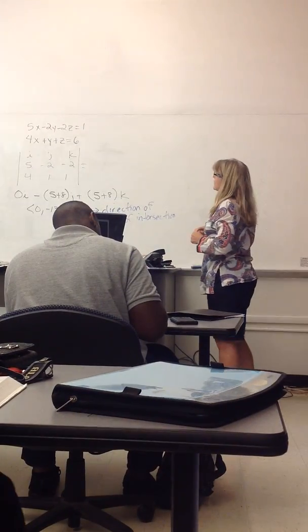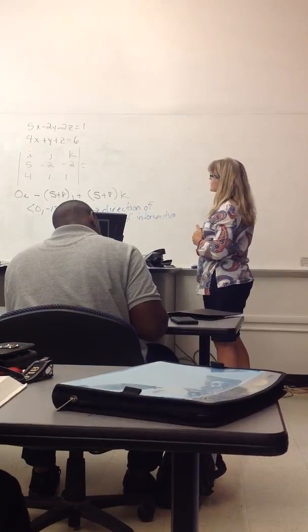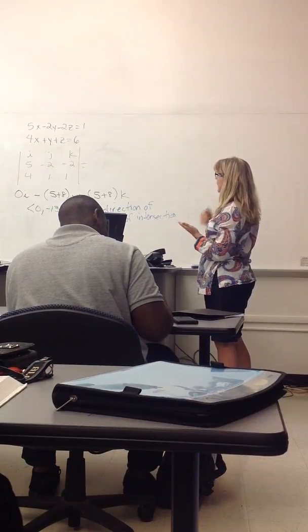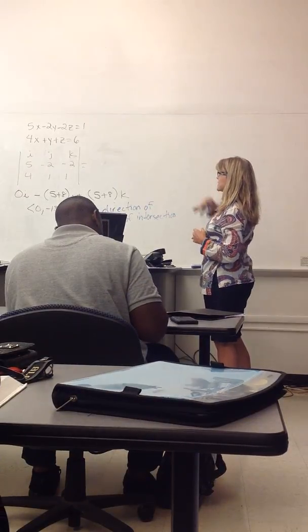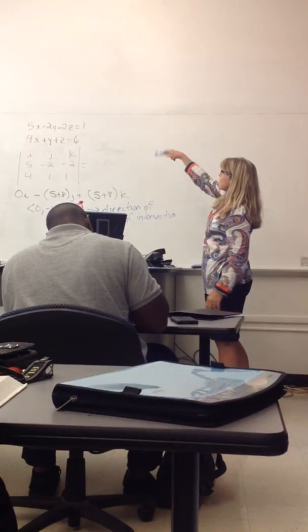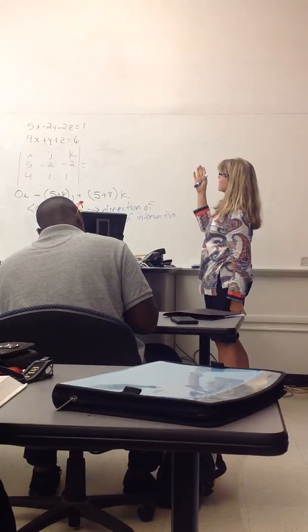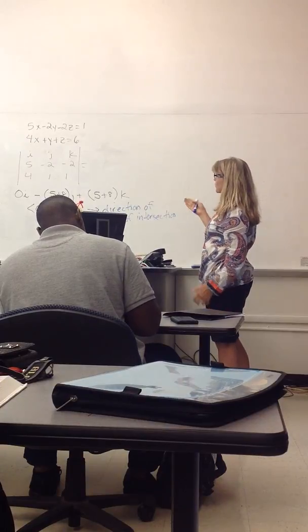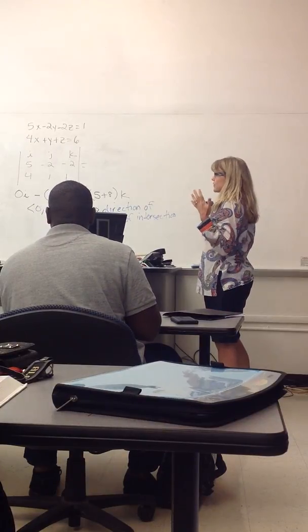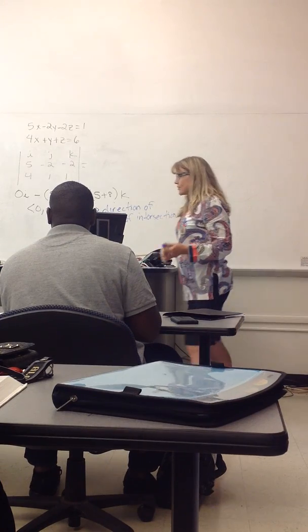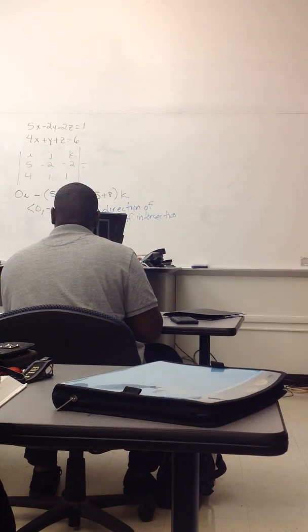Alright, so now we need to find a point that we know is on the line, and if the point's on the line, it has to be on both planes. So basically you're solving a little system of equations to find a point that lies on both of the planes. There's not really a standard procedure for this.